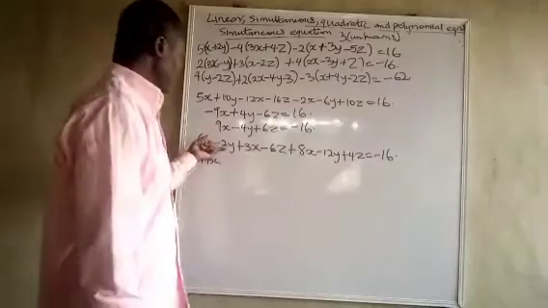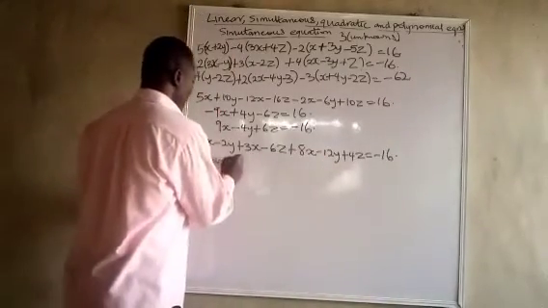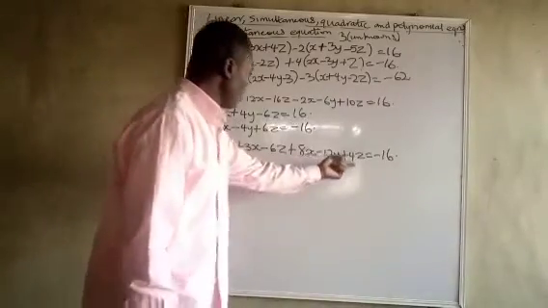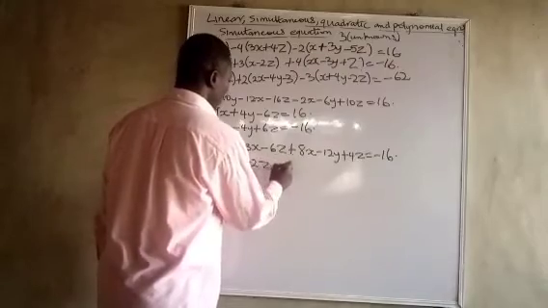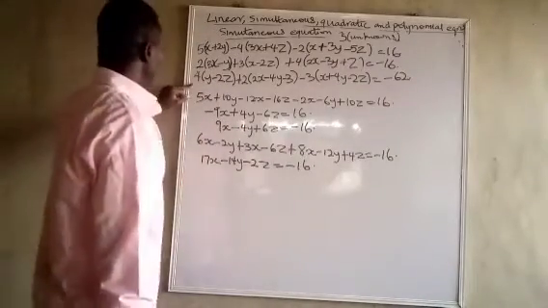Minus 2y minus 12y, that is minus 14y. Now let's look at z. Minus 6z plus 4z, that is minus 2z, is equal to minus 16.